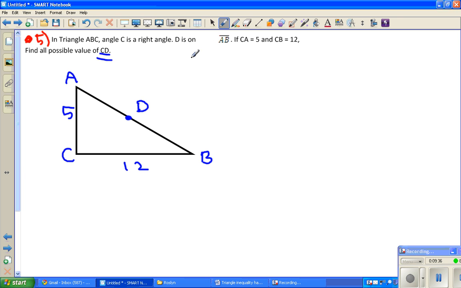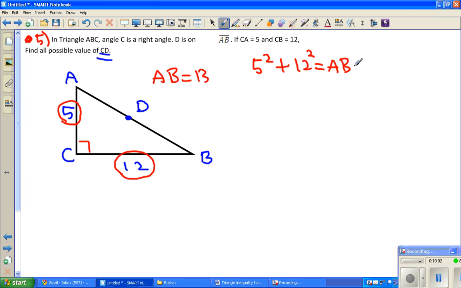All right, now, soon as you realize that this length is 5 and this one is 12, then you get to realize that line AB will be equal to 13, and we can easily do that since it's a right triangle right here by using the Pythagorean Theorem, and then you can actually try to use this equation. 5 squared plus 12 squared must be equal to AB, the length AB squared, and you will realize that this will be true. Now, but why is that important?